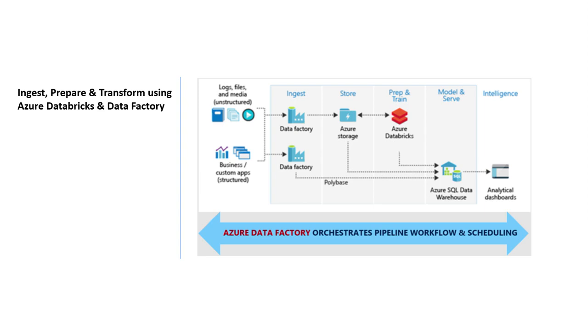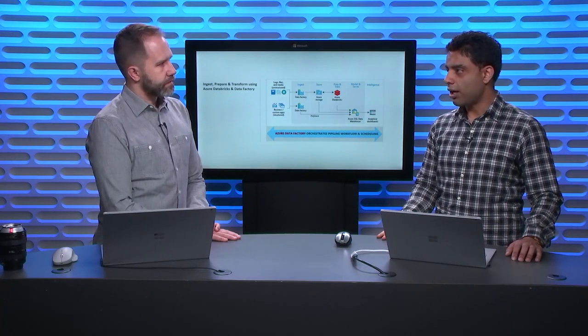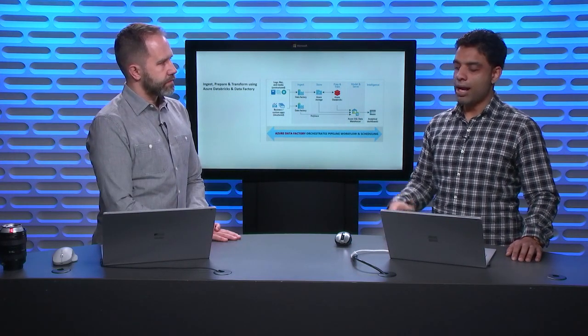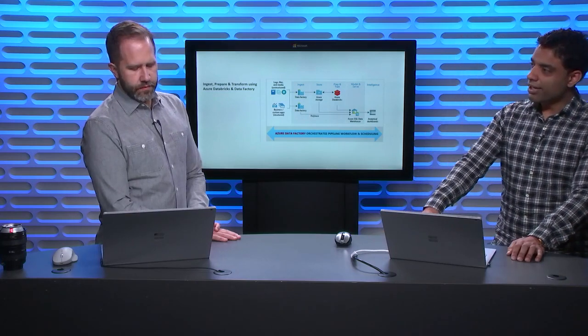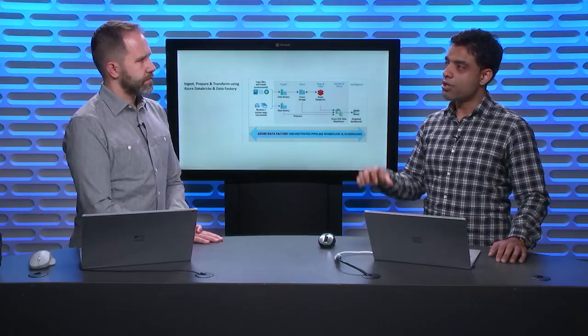Essentially you could shape and transform your data using the notebooks and the code that you have written in your notebooks. Now, what we are saying with this integration with Data Factory is that not only can you ingest data from the 60 plus sources that Data Factory supports today into Azure, but you can also now prep and shape the data with this Databricks integration, and you can essentially operationalize your pipeline end-to-end using Data Factory.